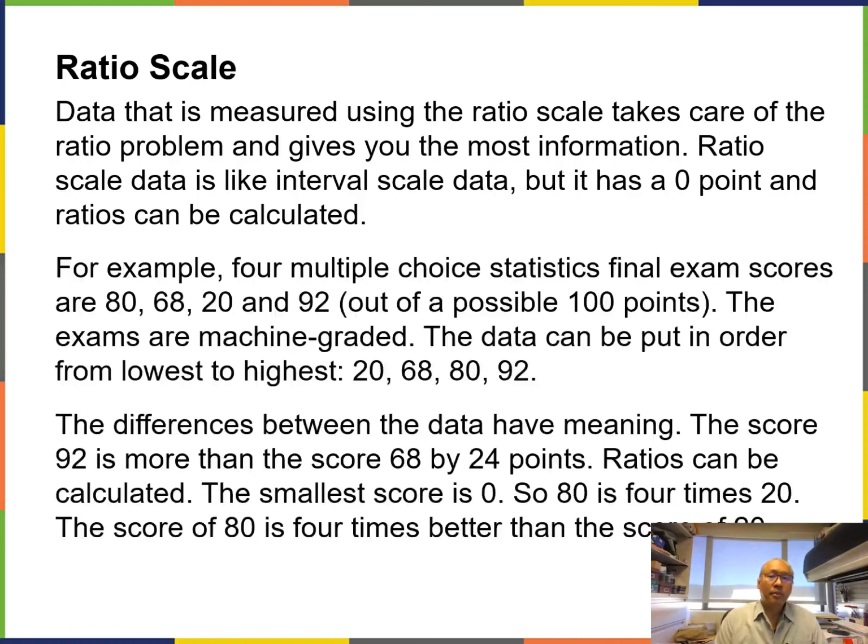And so an example of this would be in a multiple choice exam, the scores are given here: 80, 68, 20, 92 out of 100. And so we can see that somebody who got a 20 and somebody got an 80, we can confidently say that this person who got an 80 got 4 times as much as the person who got a score of a 20.